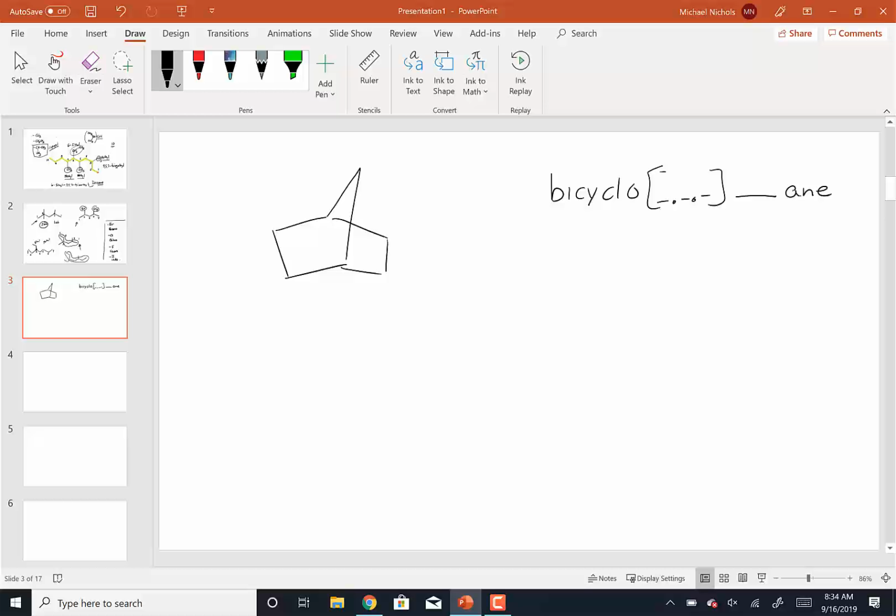First, there is no longest chain in a bicyclic. It's the total number of carbons. That's the rule. So what goes here is the total number of carbons. In this case, I have 1, 2, 3, 4, 5, 6, 7 total carbons. So this would be a bicycloheptane.